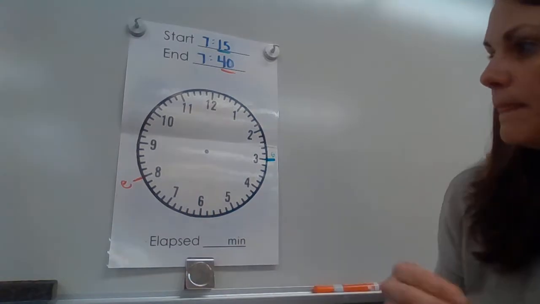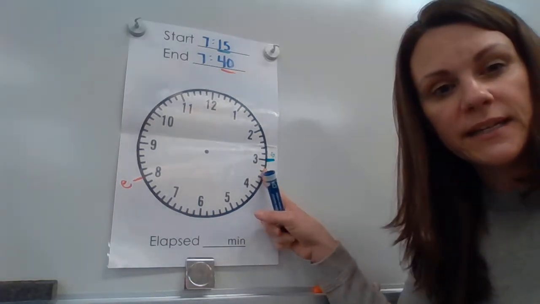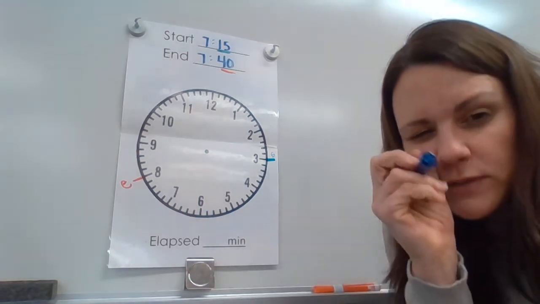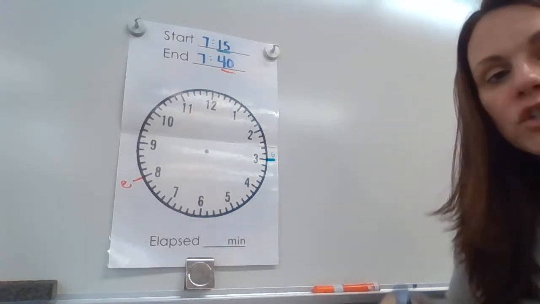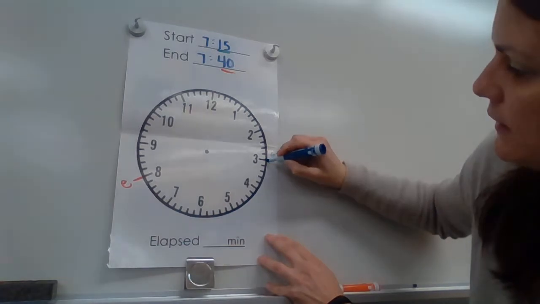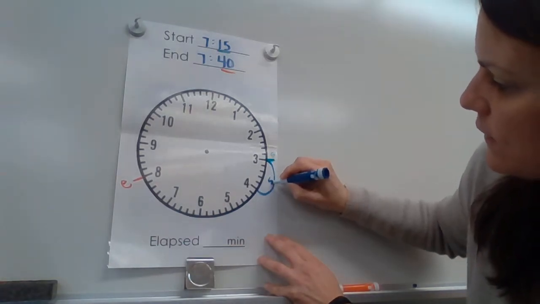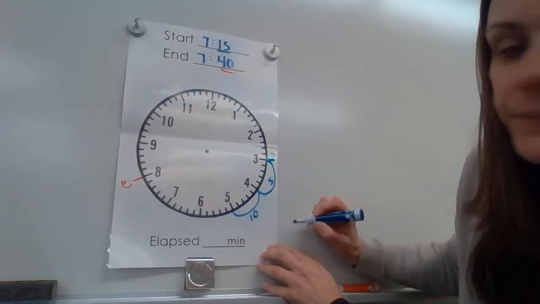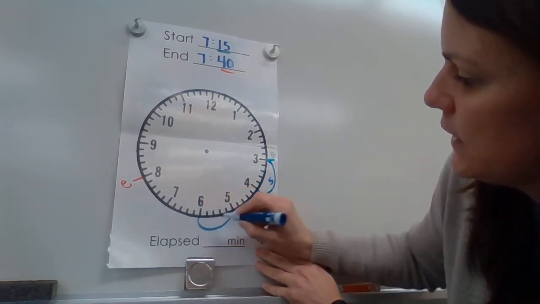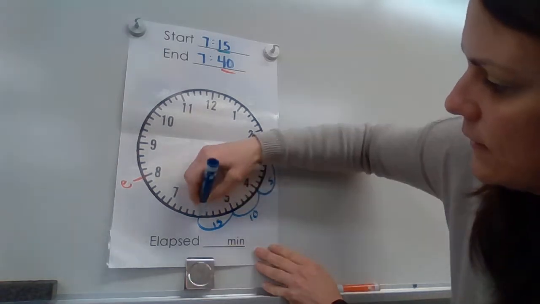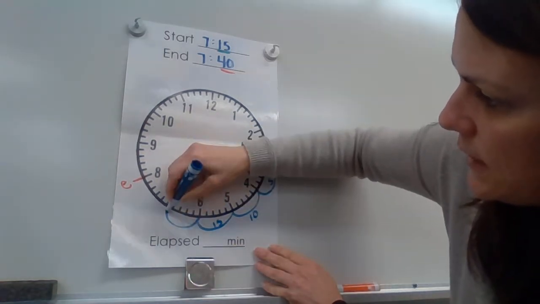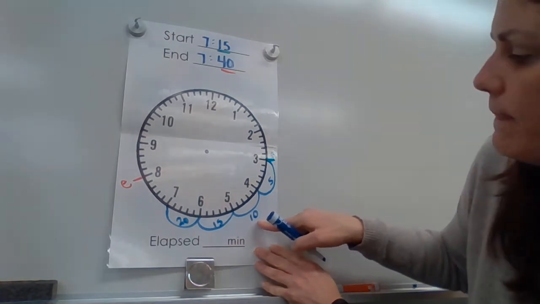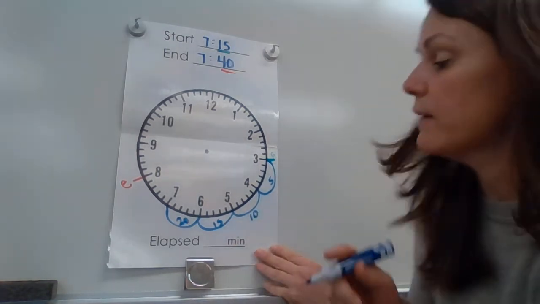All right. Because my start time has started on a big number, I don't have to worry about those little tick marks, those little tiptoes, so I can just start skip counting like this. 5, 10, I like to do it like this. 15, 20, and it doesn't matter if you have it outside or inside, it's just how much room you have.